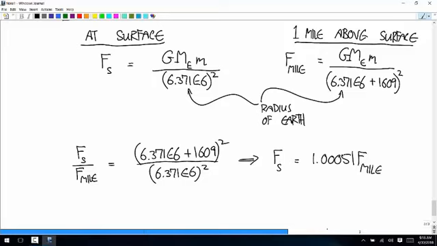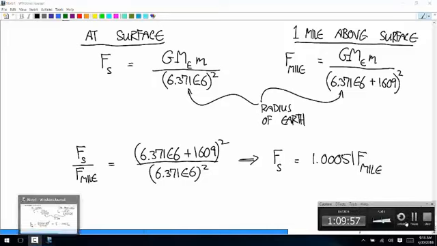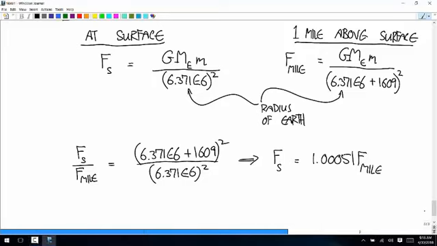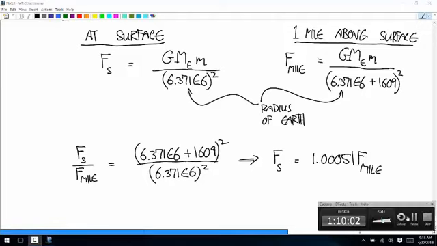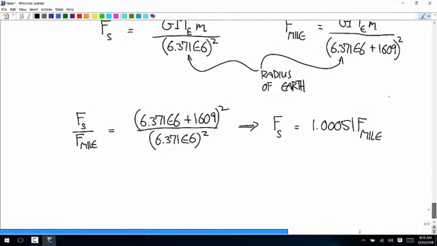Okay, well, we know that it's still a conservative force, so there has to be a potential energy function.